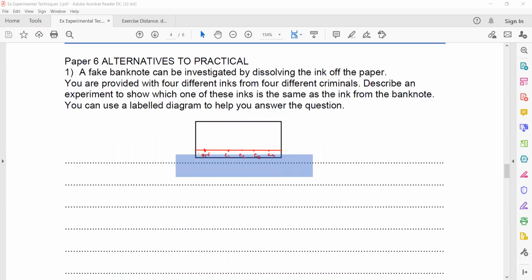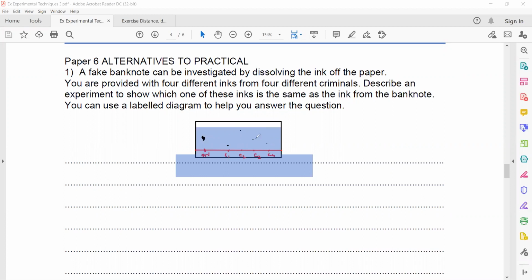As the chromatogram absorbs, the solvent will rise on the chromatogram. How can we identify which criminal has the banknote ink? The one which matches. This is a spot of ink from criminal 1, criminal 2, criminal 3 and criminal 4. Which spot matches with the banknote ink?